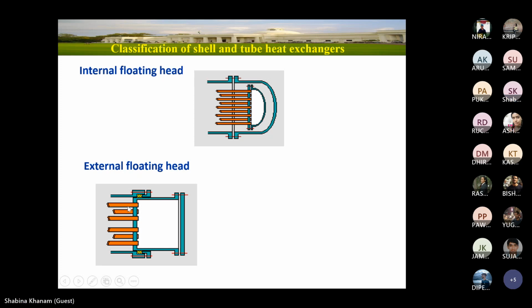So if you are considering this, this is a part of the shell, right? And this is the tube sheet cover, and here I have another assembly, this L-shaped type. So this shell can be attached with this L-shape assembly, and in between we keep the gasket to have a leak proof, tight connection.